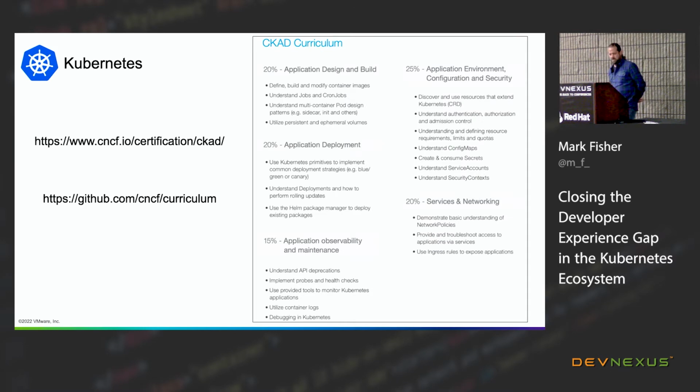Now, despite being described as not a platform for developers, they do have a developer certification for Kubernetes, which is interesting. But if you look at the curriculum, it's all very low level, right? Building and modifying containers, dealing with network policy, applying configuration and secrets for credentials that you need your applications to be able to connect to, and all of these types of things, deployments and rollouts.